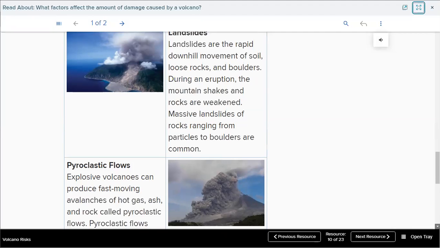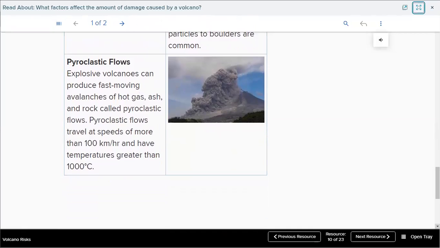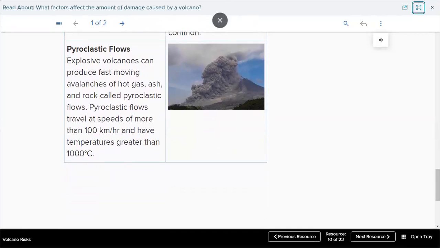pyroclastic flow. Can you read, Faisal? Pyroclastic flows. Explosive volcanoes can produce fast-moving avalanches of hot gas, ash, and rock called pyroclastic flows.